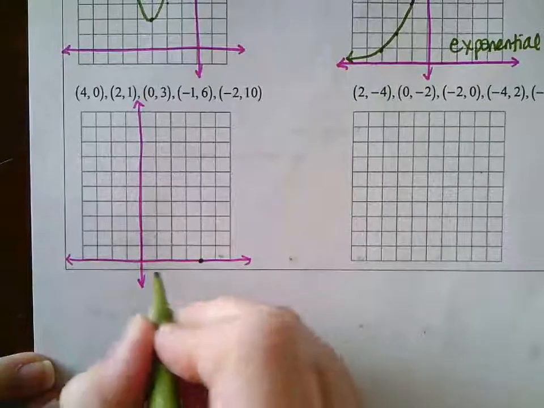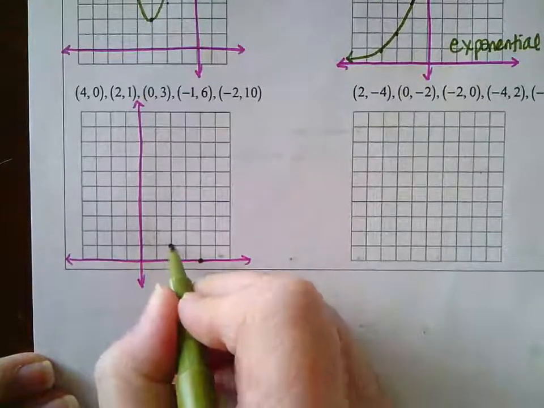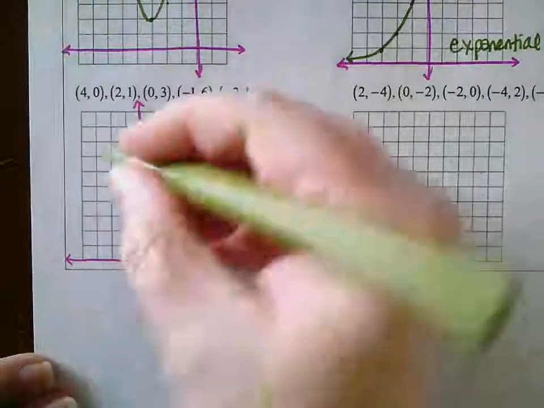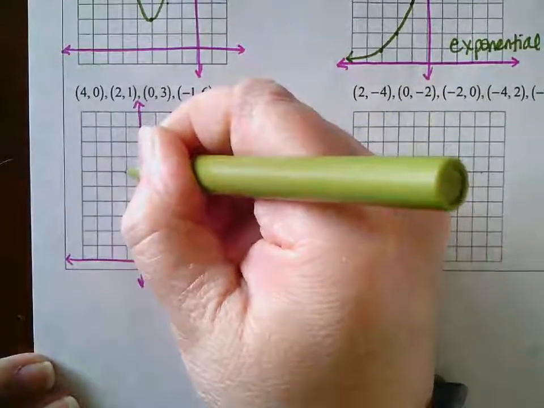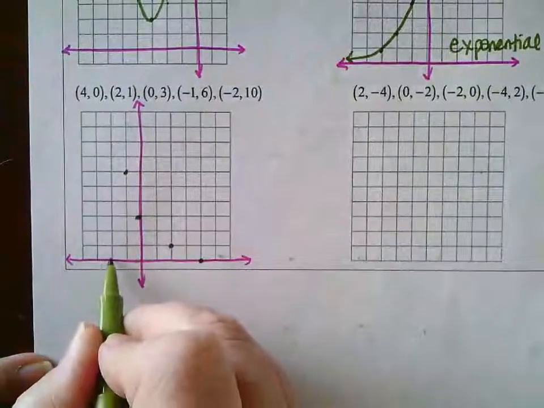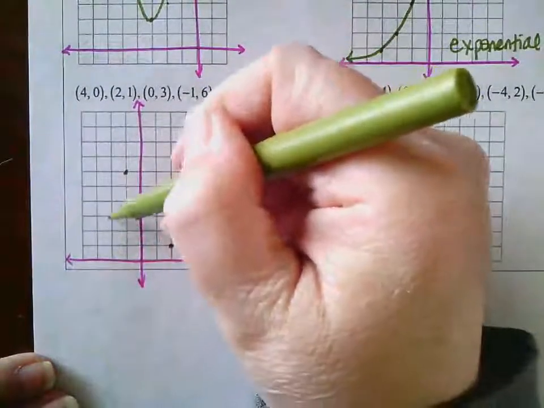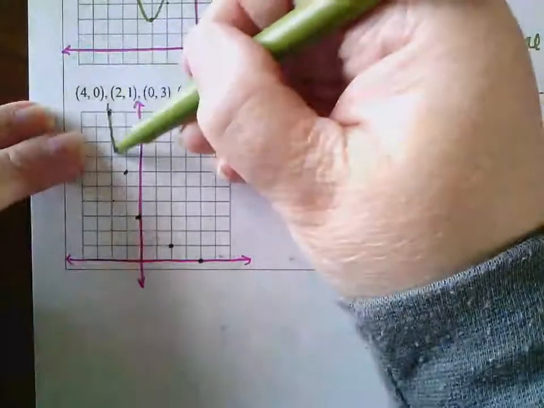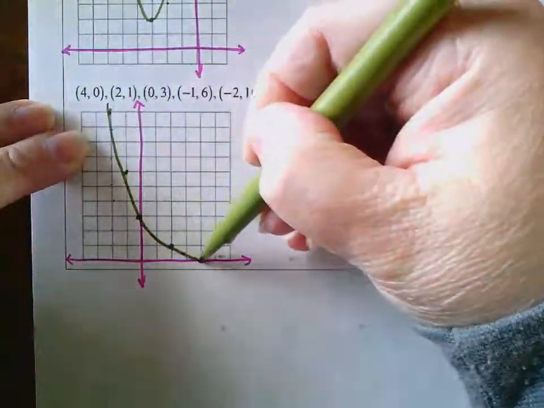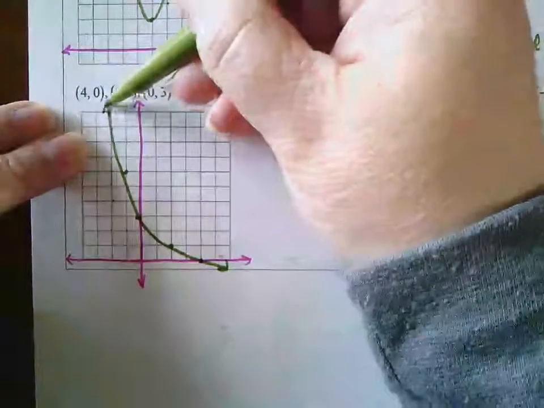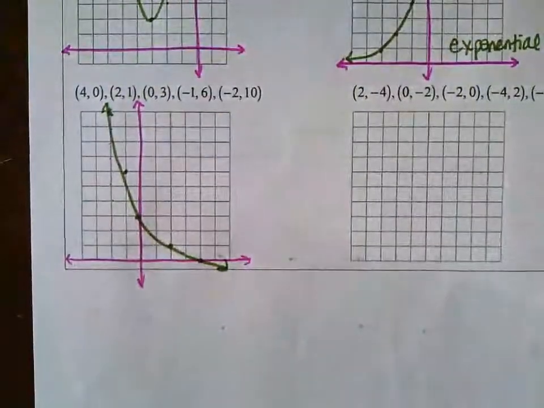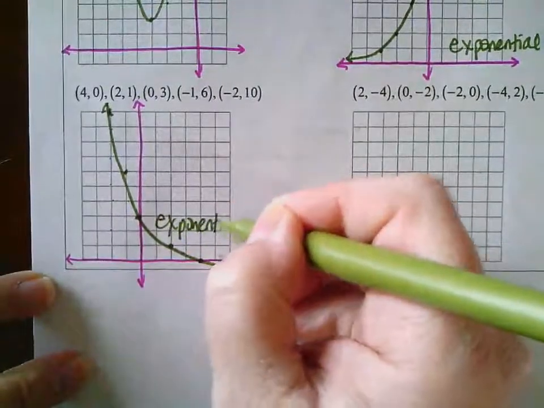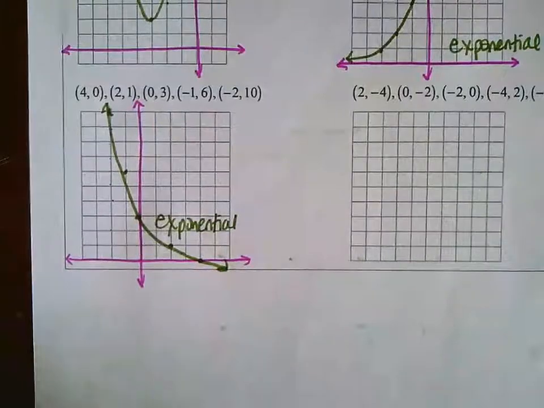I have 2, 1, 0, 3, -1, 6. So all the way up here. And -2, 10, 1, 2, 3, 4, 5, 6, 7, 8, 9, 10. And you can see this is exponential. Okay. Exponential. Last one.